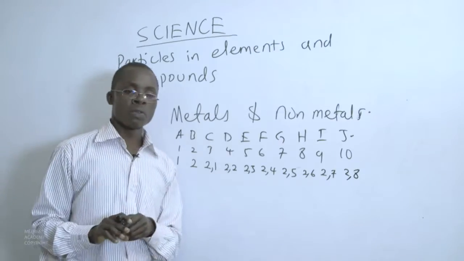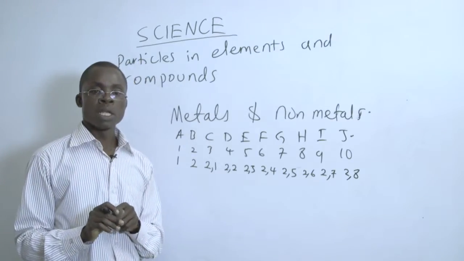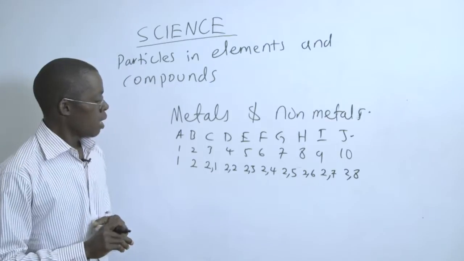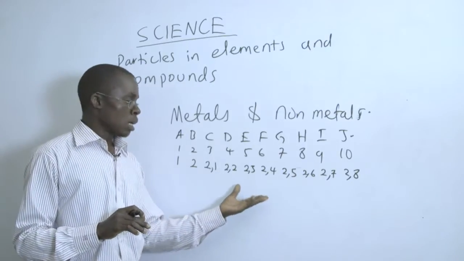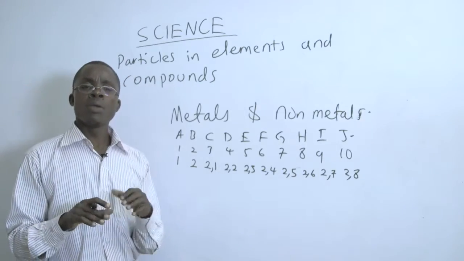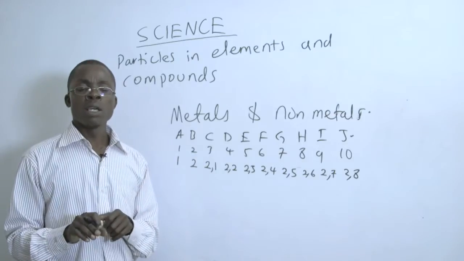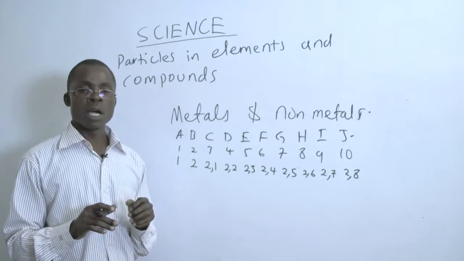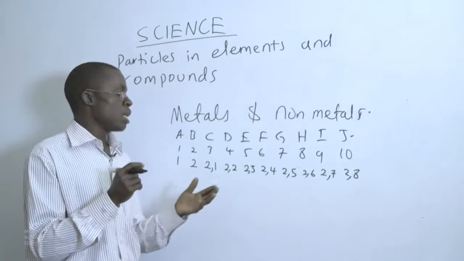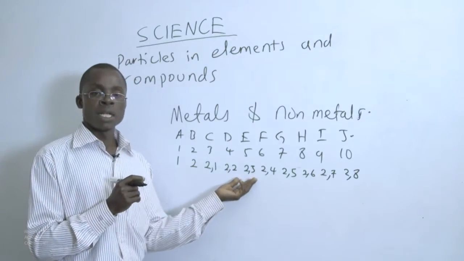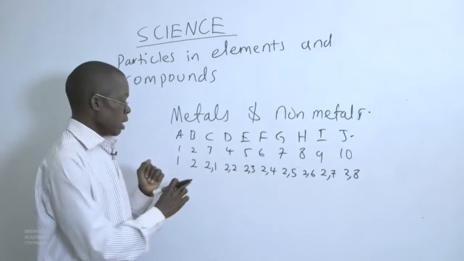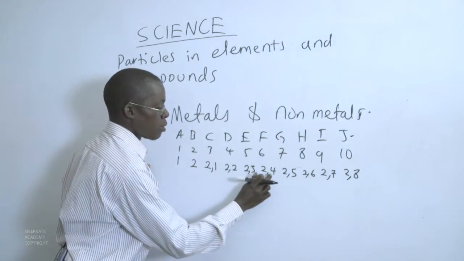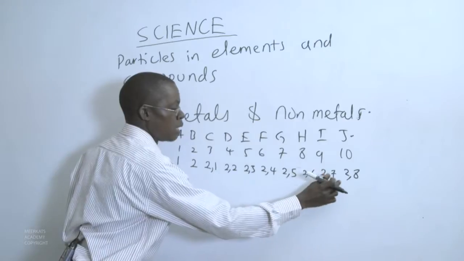So these are the electronic configurations of these elements. Out of the electronic configuration, we can identify metals and nonmetals by looking at the number in the outermost energy level. The ones that are outside are the ones we call the outermost energy level.